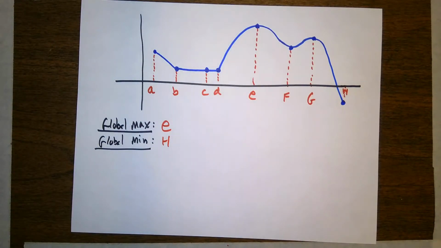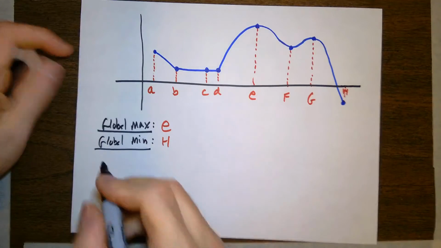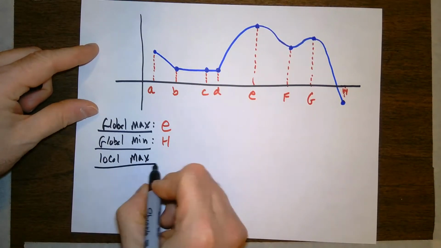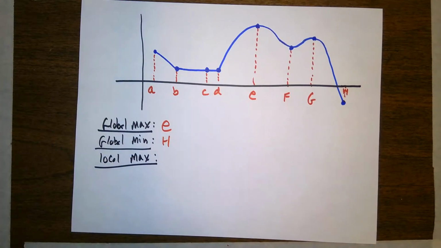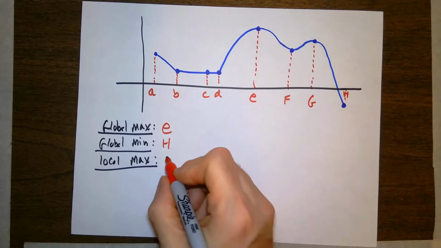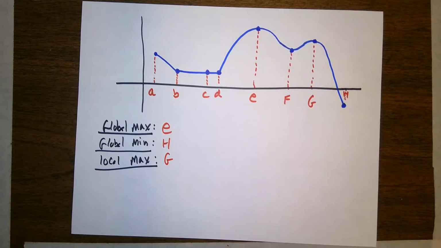All right, do I have any local max? Any local maximum values? Well, let's see. I think I would have one over here at point G. I don't think A is a local max or a local min.